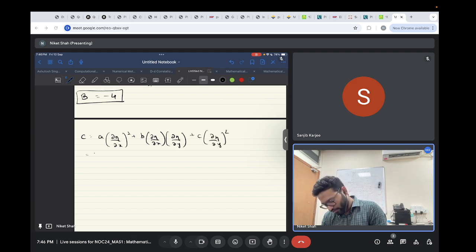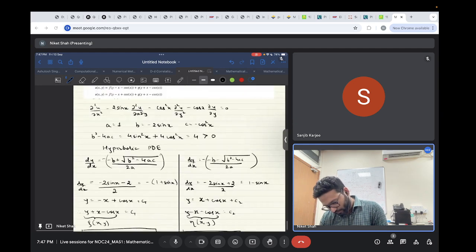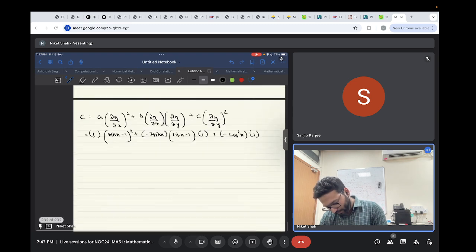This is equal to A is 1, del psi by del x is sine x minus 1 the whole square, plus B is minus 2 sine x into del eta by del x is sine x minus 1 into 1, C is minus cos square x into 1. C is minus cos square x, this is minus 2 sin x.